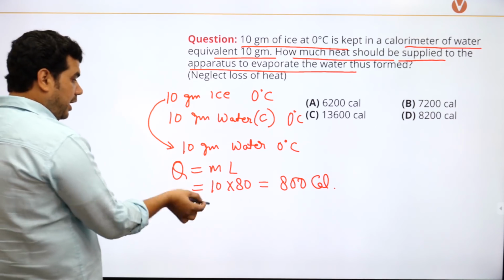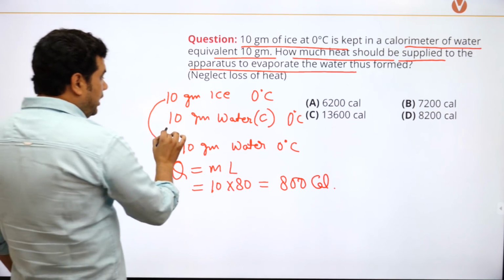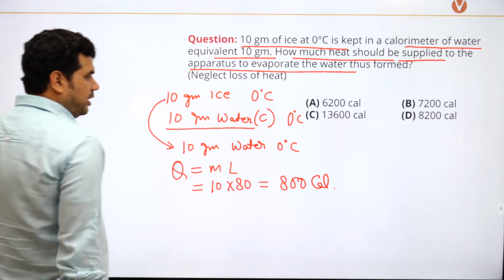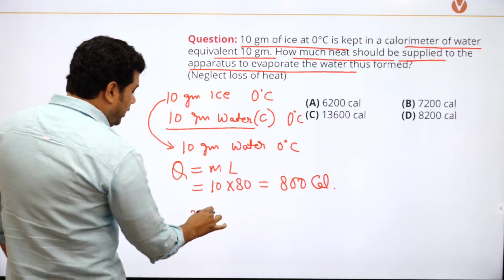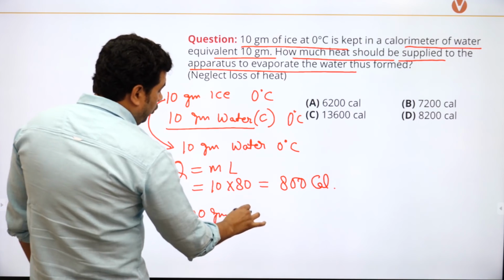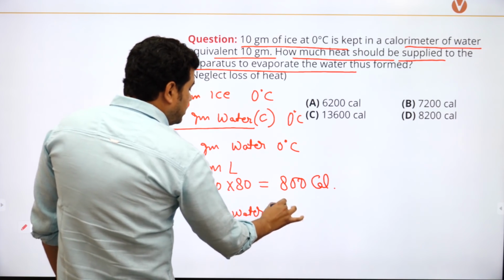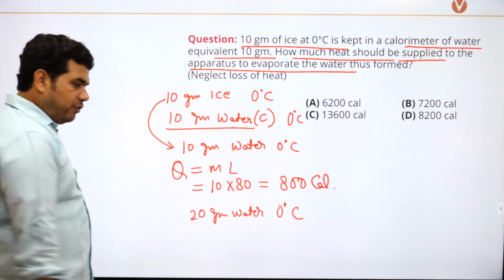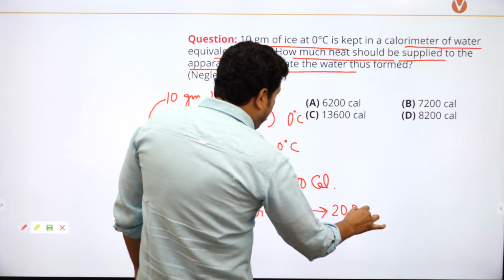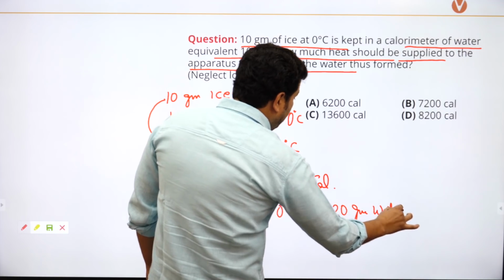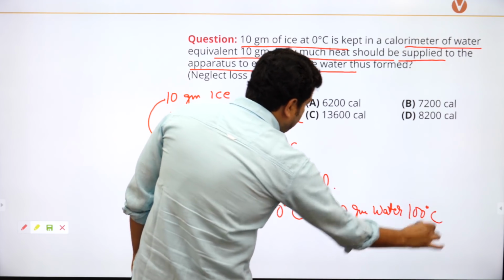Now we have 10 gram of water and again 10 gram of water as a calorimeter at 0 degree. So actually we have 20 gram water at 0 degree centigrade. Now we have to convert it to 20 gram water at 100 degree centigrade.